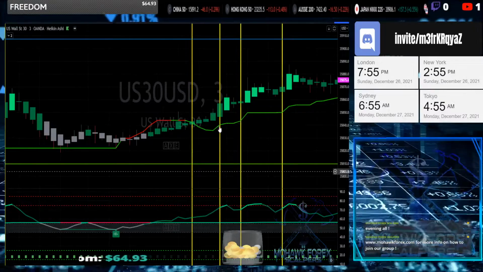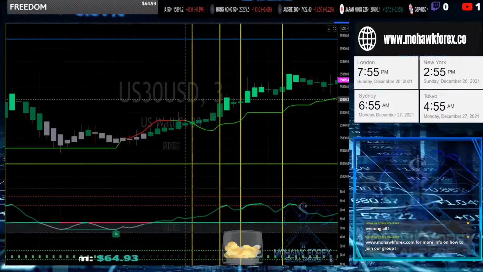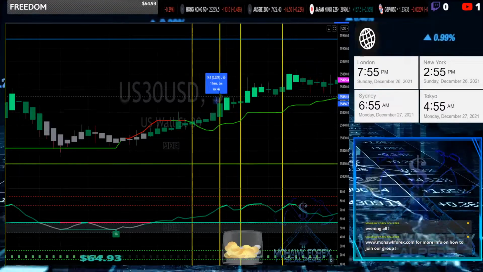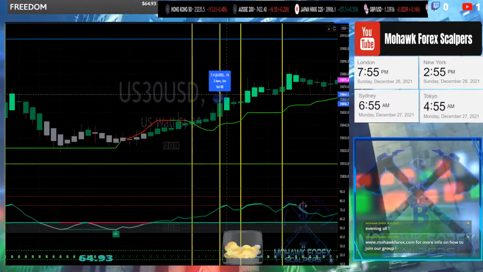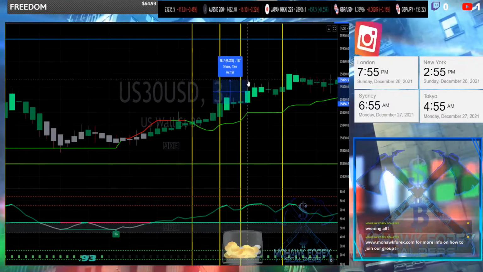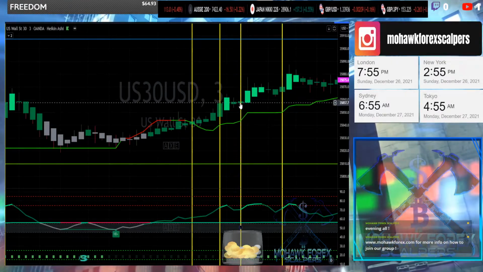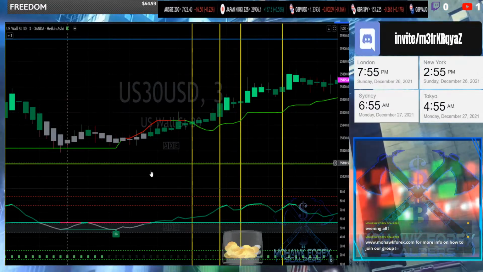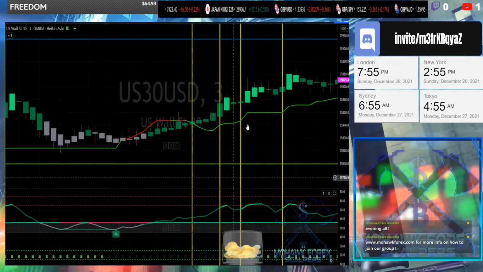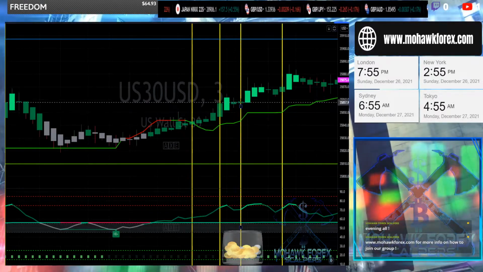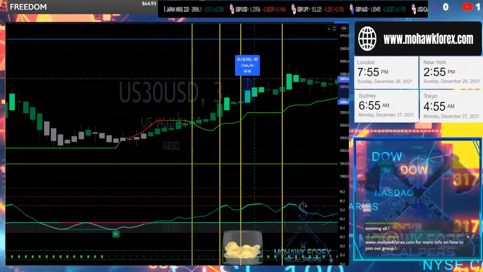Each one of these you're going to be either just taking green, taking 5, or holding 10. That's totally up to you. Again, there you enter a second position as well. So I might just take 5 on that one, and then I take 10 on the next one. See the candle, nice, look at that, perfect.